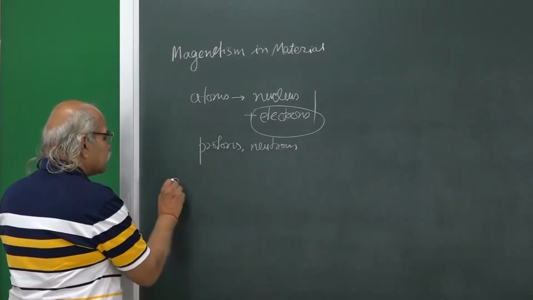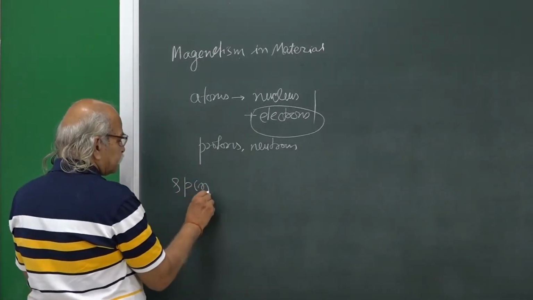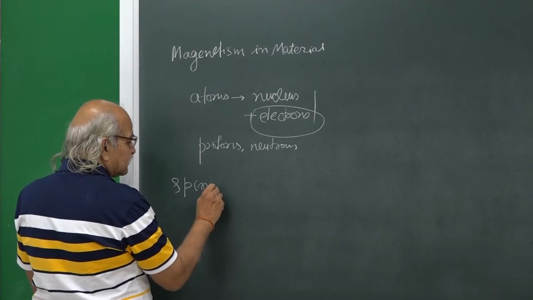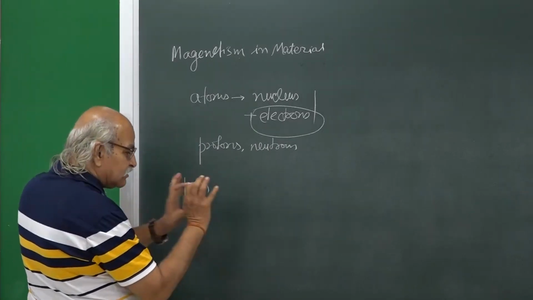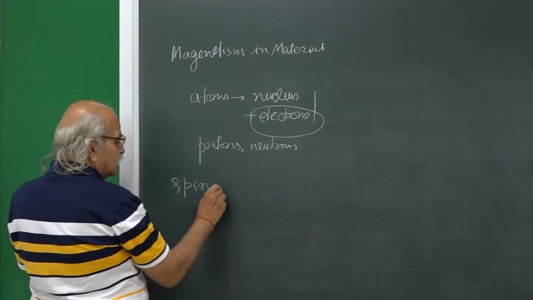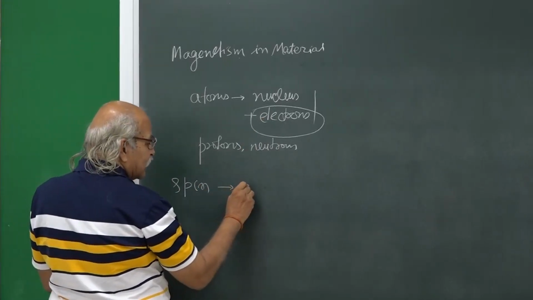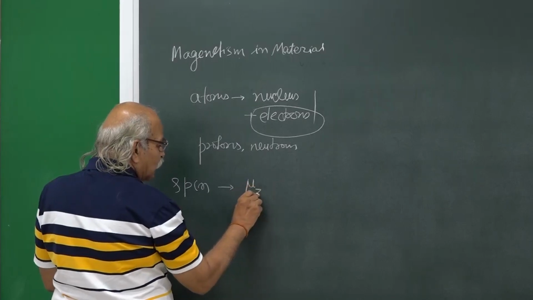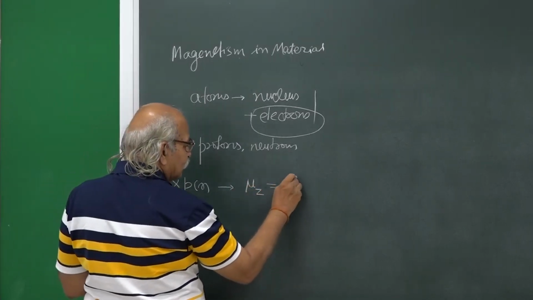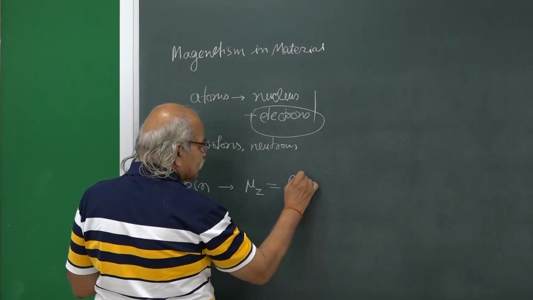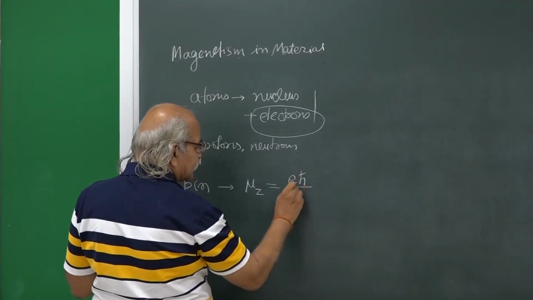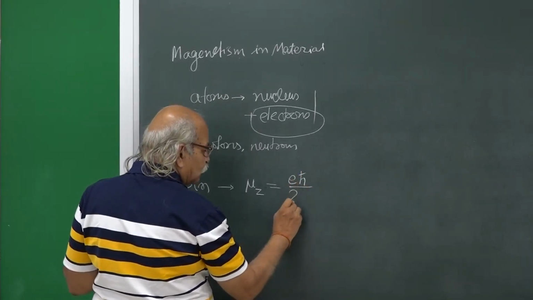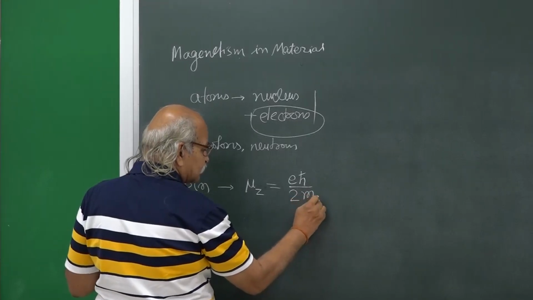So, because of the property of spin in these electrons, you have a magnetic moment, and if you take the z component of that, it will be of this type, e times h-bar divided by 2 times the mass of the electron.